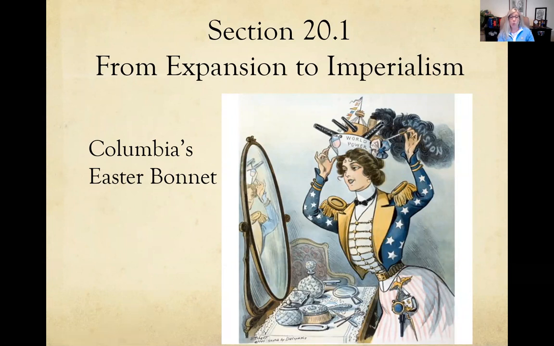And you can see with this political cartoon, Columbia's Easter bonnet. And Columbia, again, is talking about this idea of the United States and Lady Liberty and the idea of democracy. And then by referring to this as an Easter bonnet, again, you're bringing in this idea of Christianity, and with expansion and colonization into other parts of the world that may not be areas where there are large proportions of Christian believers.